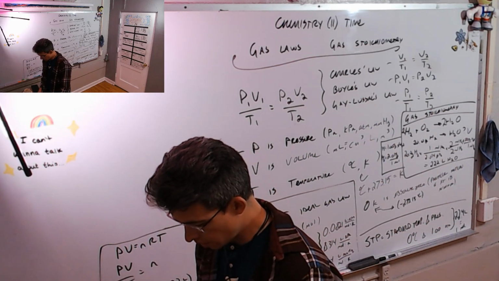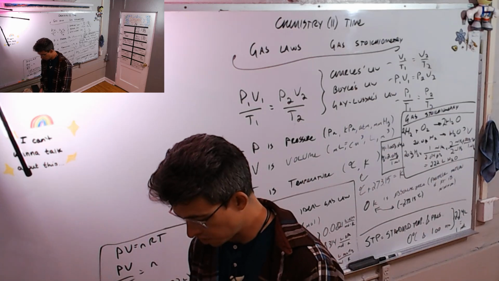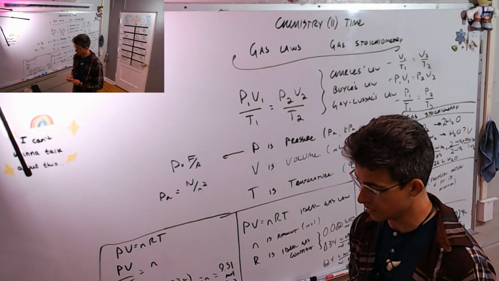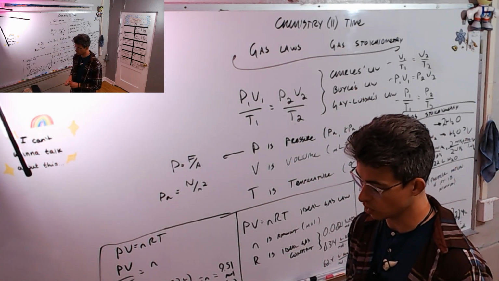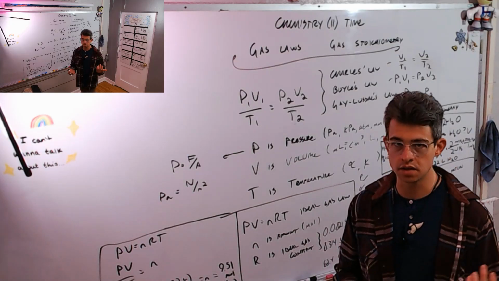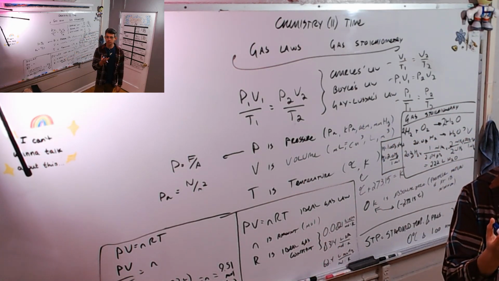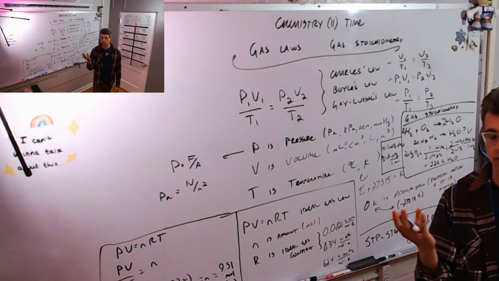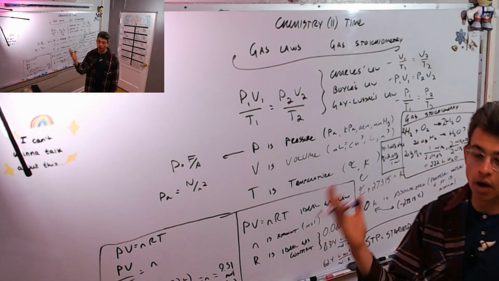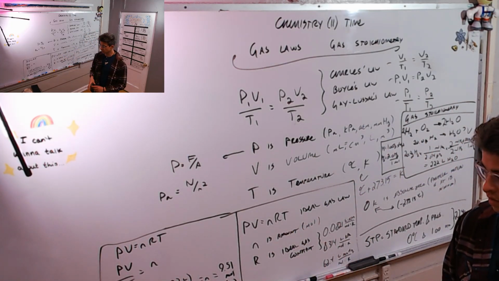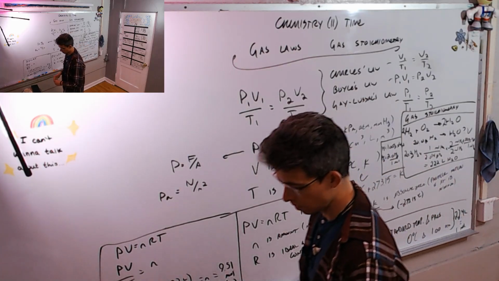Your book also has a discussion on how we can use molar mass to define the density of a gas, or density to find molar mass. And what that amounts to is basically that heavier gas molecules, or heavier gas atoms, whatever the gas is, heavier gas particles would also make a denser gas as well.